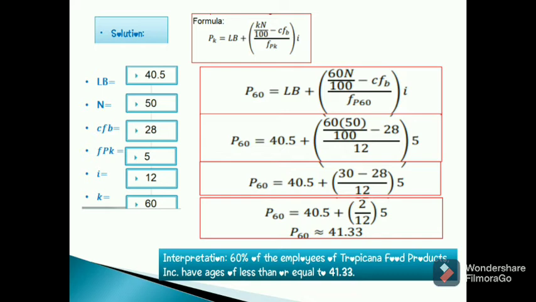Since the question is to find the percentile 60 among the 50 employees of the TFPI, here is the interpretation: 60% of the employees of Tropicana Food Products Incorporated have ages of less than or equal to 41.33.